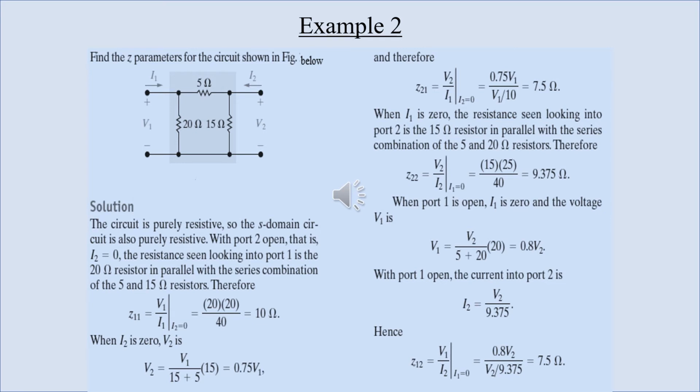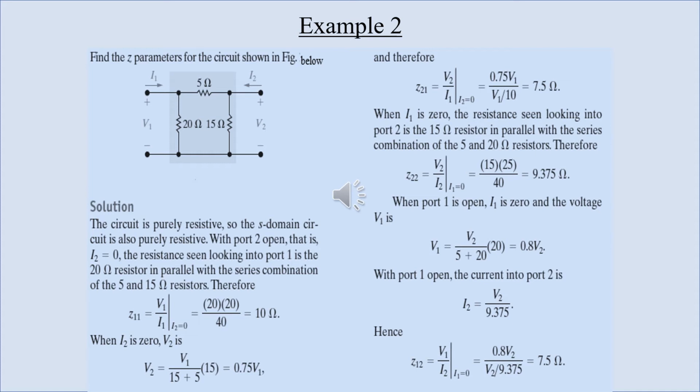So our V2 from the diagram will be across our 15 ohm resistor. Now our 15 ohm resistor will be in parallel with the 20 and 5 ohm in series. That is, our V2 will be 15 in parallel with 25 ohm resistor, and 15 in parallel with 25 ohm resistor will give us 9.375. So V2 will be 9.375 I2 divided by our I2, and that will give us 9.375 ohms.